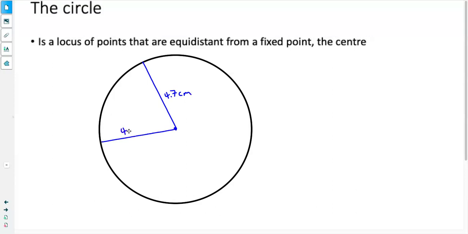I get 4.7 centimeters measuring this distance, 4.7 centimeters measuring this distance, and 4.7 centimeters measuring this distance. And so a circle is a locus of all points on the outside of a circle that are equidistant to the center of the circle.